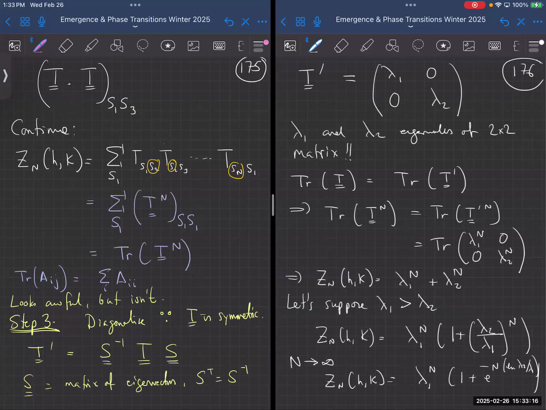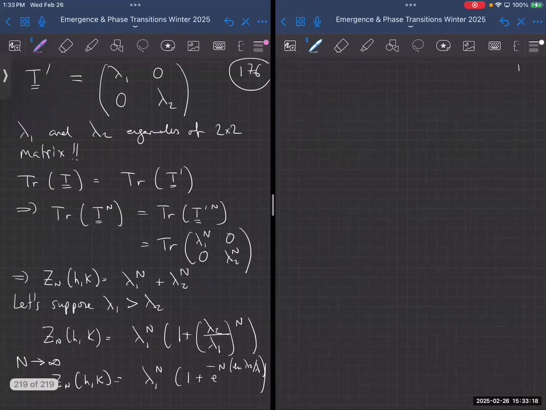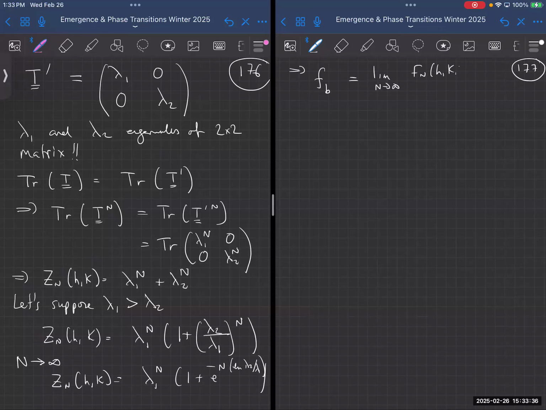And so then I read off that the bulk free energy per spin is the limit as n goes to infinity of the free energy F(h, k, T) over n, and that is just going to be minus k_B T times the log of lambda 1.